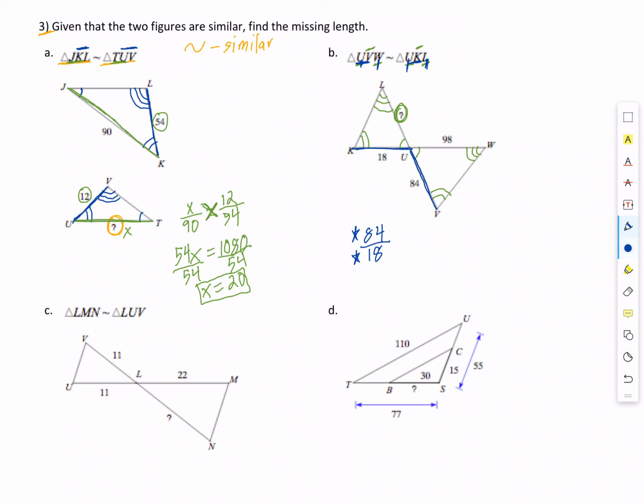So UW gives us 98, so now it's going to be equal to 98, and then UL, that's going to be over x. And then we can just solve that by cross multiplying. I'll post these notes filled out on my website so that you can see if you got that right.